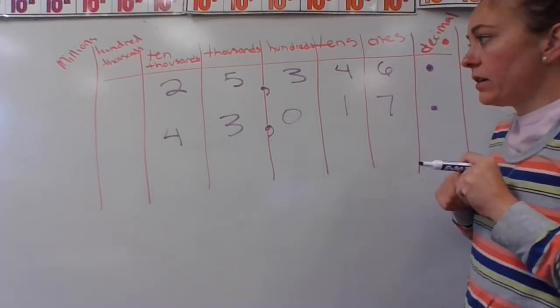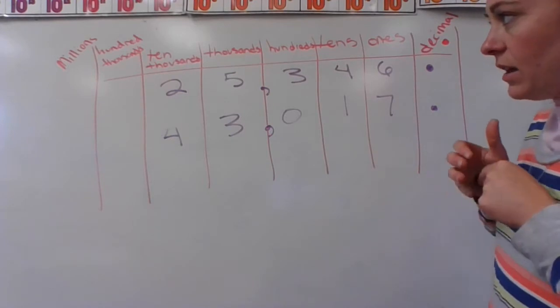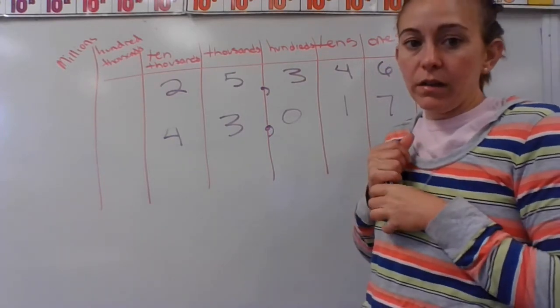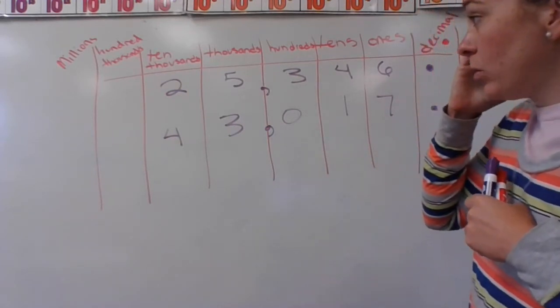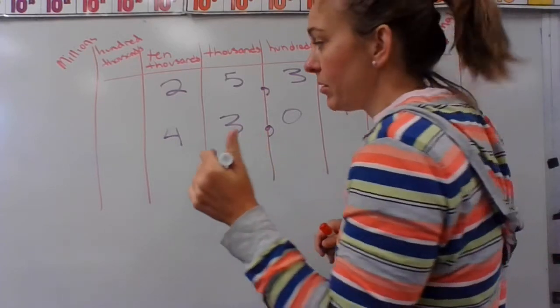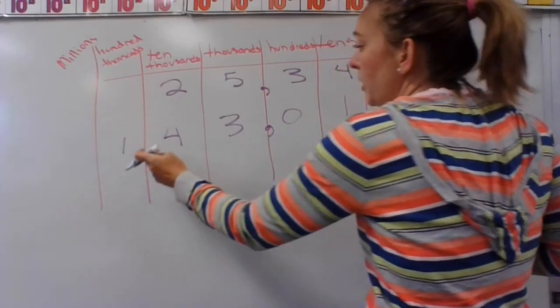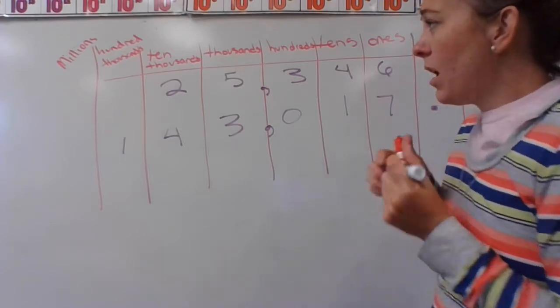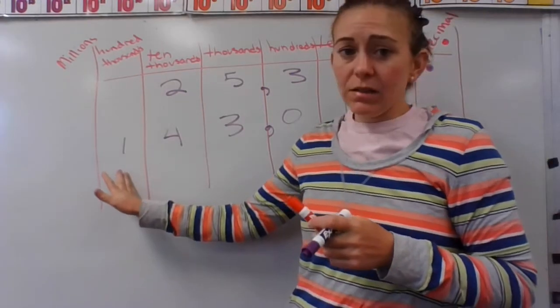And the first thing I do when I'm comparing numbers is that I look to see what is the farthest place value that it goes to. If I had one number, let's say just for example's sake, that this was really 143,017. Well, that one would actually go to the 100,000s place.